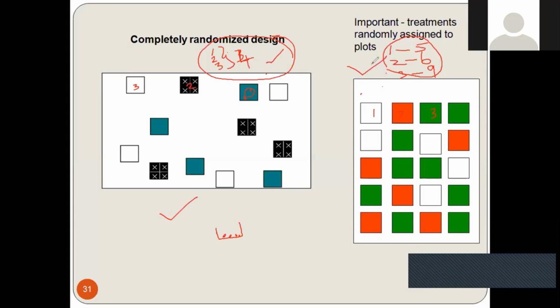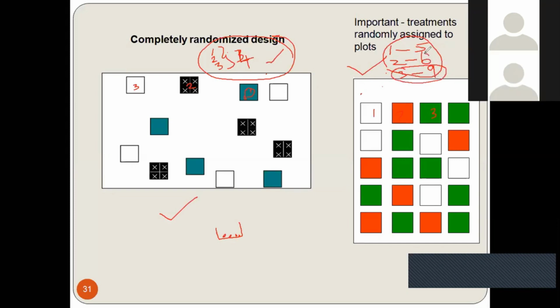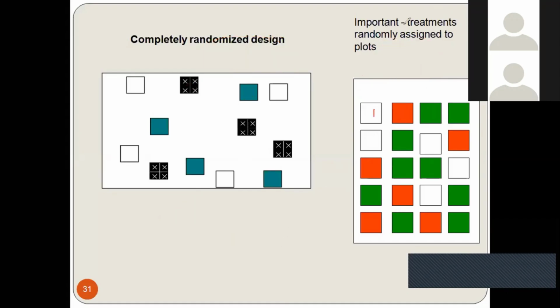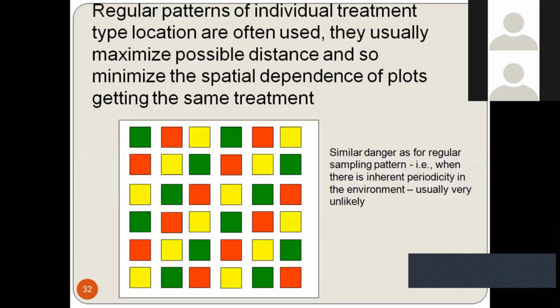The only problem is that treatment 3 will be estimated with much higher precision, next treatment 2 with higher precision, and the lowest precision will be for treatment 1. But we can have any design we want under the completely randomized design. Right? So this is another example.